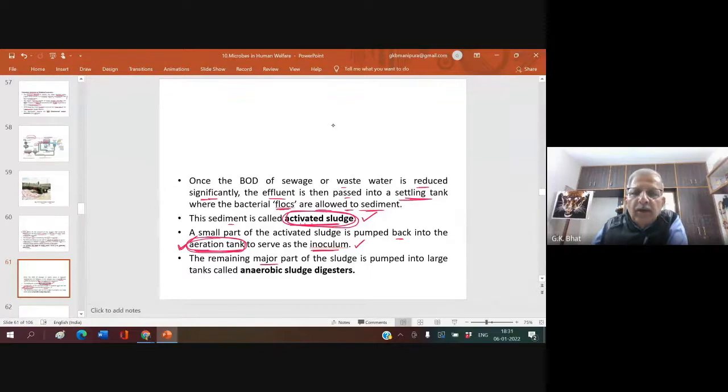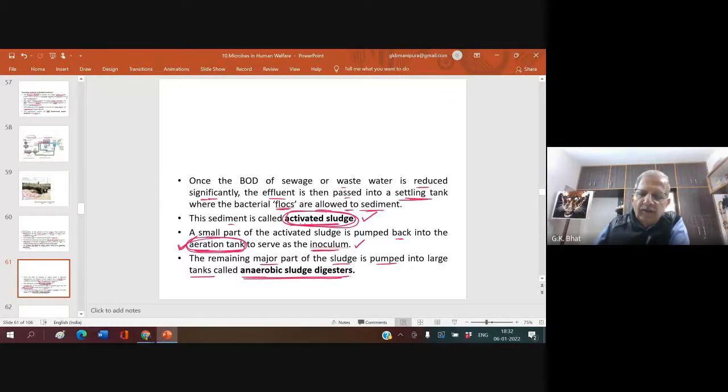The remaining major part of the activated sludge is pumped into large tanks called anaerobic sludge digesters. So a little bit is used as inoculum, but a large amount of activated sludge is pumped into these tanks.